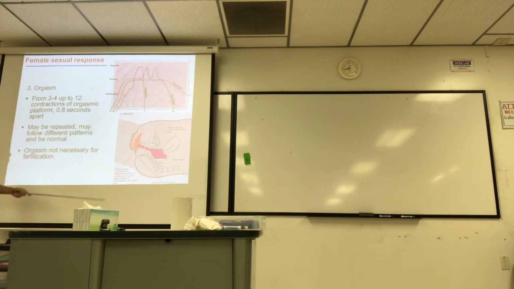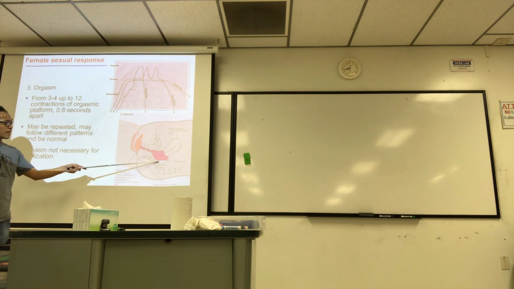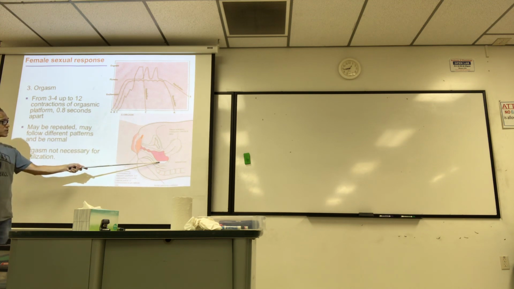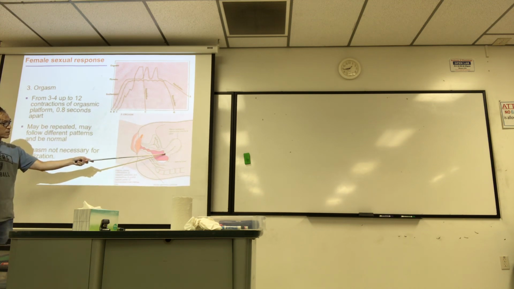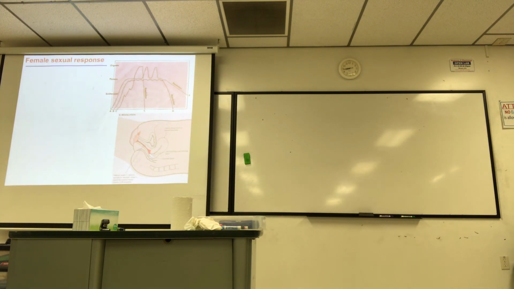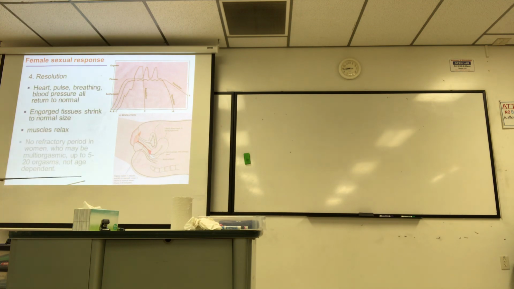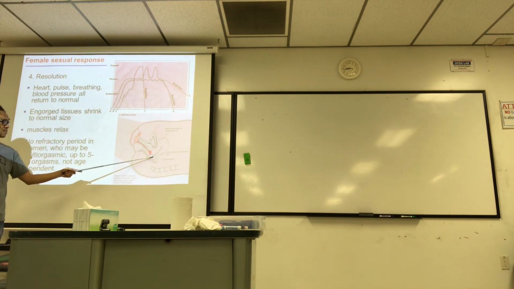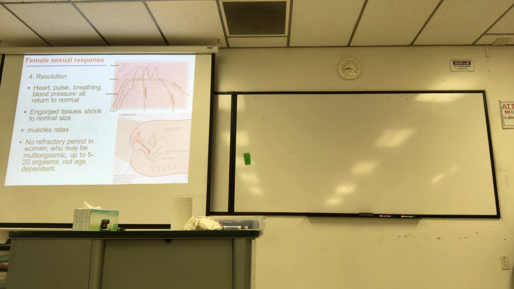Now what they show here is the seminal pool, and that's the fornix, okay? So when you have resolution, the cervix will kind of swoop down in there and basically suck up the ejaculate. That's what's shown here during resolution when everything shrinks back down there. That's important for fertilization. So if it's on the right day, then you have the chance to reproduce.